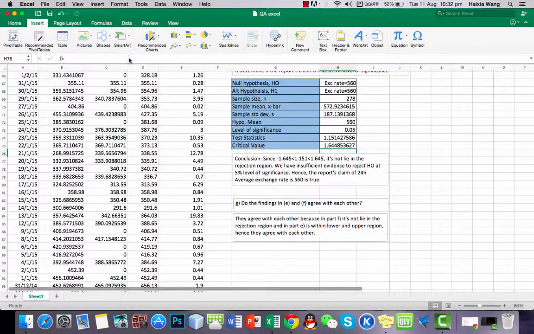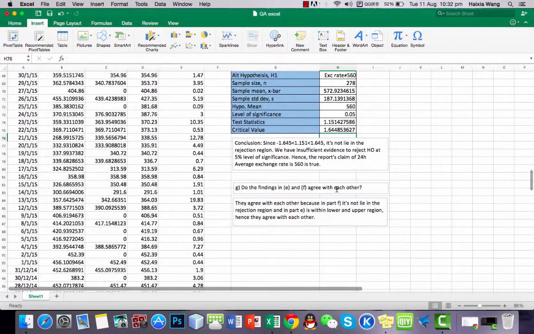Then I press enter. For the conclusion, since negative 1.645 is smaller than 1.151, which is smaller than 1.645, it does not lie in the rejection region. So we have insufficient evidence to reject H0 at 5% level of significance. Hence, the report's claim that the 24-hour average exchange rate is 560 is true.